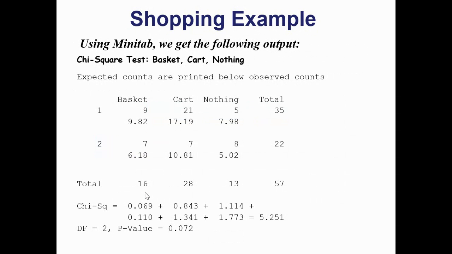So from this output, notice a couple of things. First, these bottom numbers, the decimals right here, are your expected counts. And these are your expected counts. Down here where it says chi-square, this number is your test statistic. They calculated it for you.